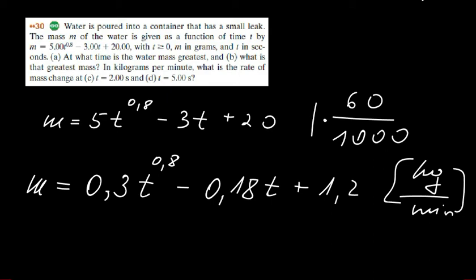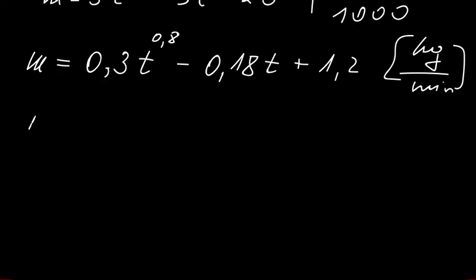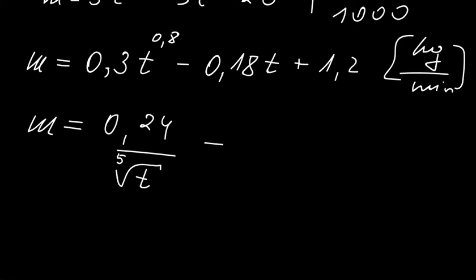Now, in order to find the rate of change, we need to take a derivative of this, and the derivative would be 0.24 divided by the fifth root of t, minus 0.18. So this is a derivative. So this is basically a rate of change.